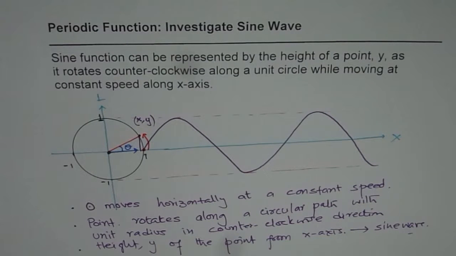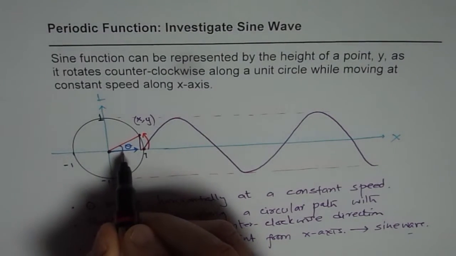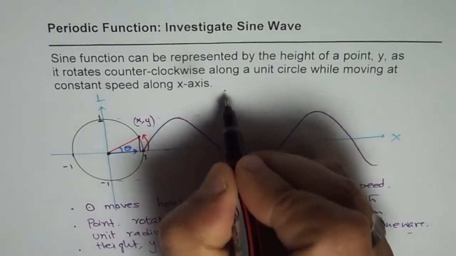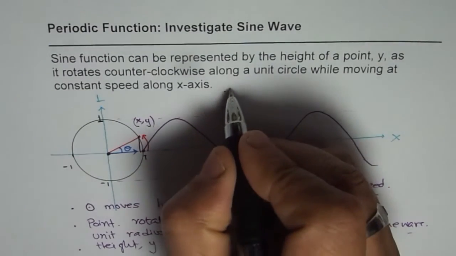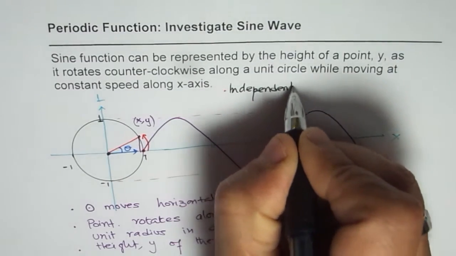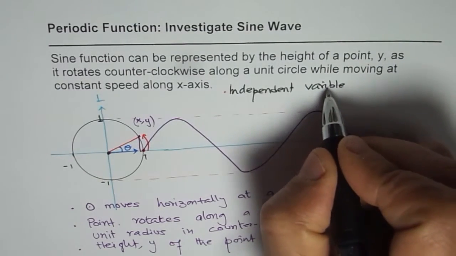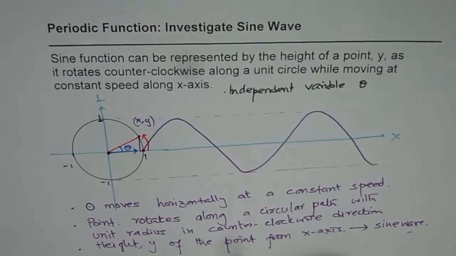My suggestion is that in this particular case, I will take the independent variable as the angle of rotation. Here, because I have very limited space, I'll just overwrite on whatever I've done. So what I'm saying is that the independent variable is angle theta of rotation.